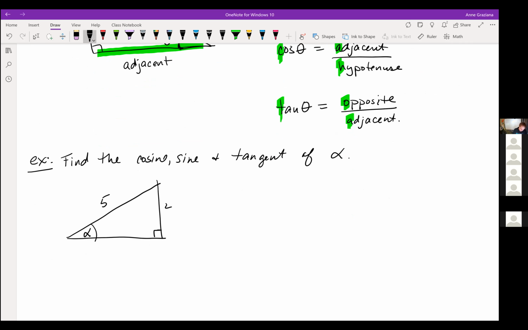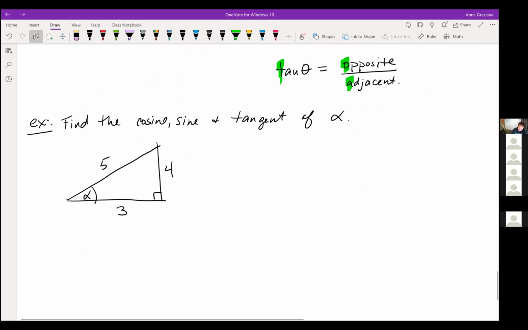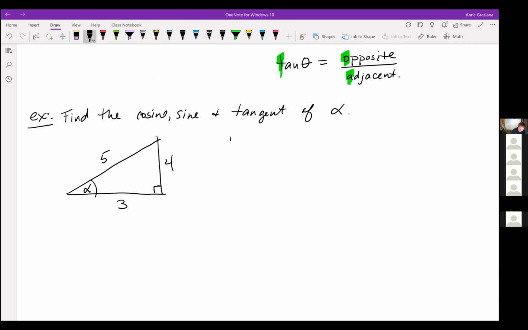The hypotenuse is 5, this is 4, and this is 3. So we'll start with cosine. Cosine of alpha is adjacent over hypotenuse. What's the length of the adjacent side? 3. Yeah, good. It's 3 over my hypotenuse, which is 5.